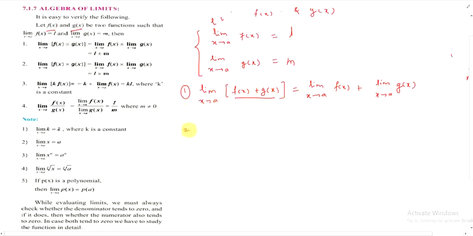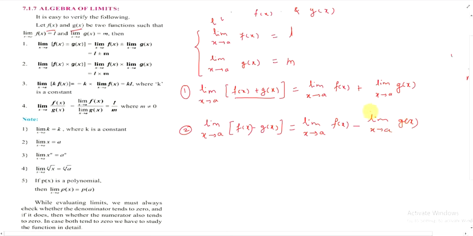Here in place of addition, if we have subtraction, then also we get the same result. That is, if we take limit of subtraction of two functions, then it is same as subtraction of their limits, in this way.